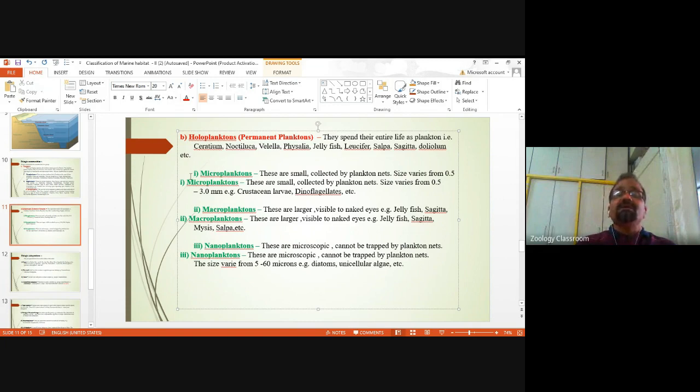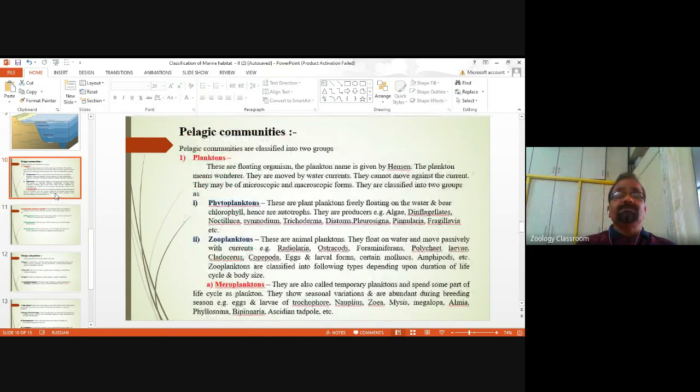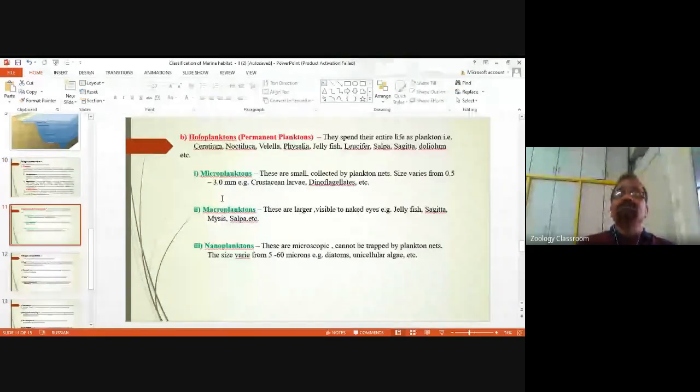Then next is the microplanktons. Holoplanktons are further classified according to size into micro, macro, and nanoplanktons. Microplanktons are small, collected by the plankton net.